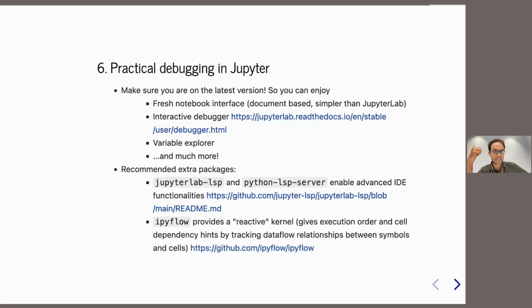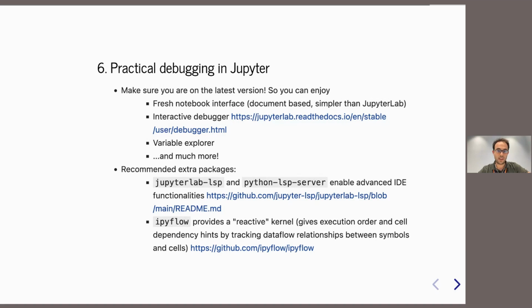Things like linting, formatting, detecting mistakes, unused variables, and so on. It's nowadays based in many cases on this language server protocol. And adding these extensions to Jupyter makes it much more powerful and interesting because it gives you some extra debugging capabilities. We're going to see some of those.